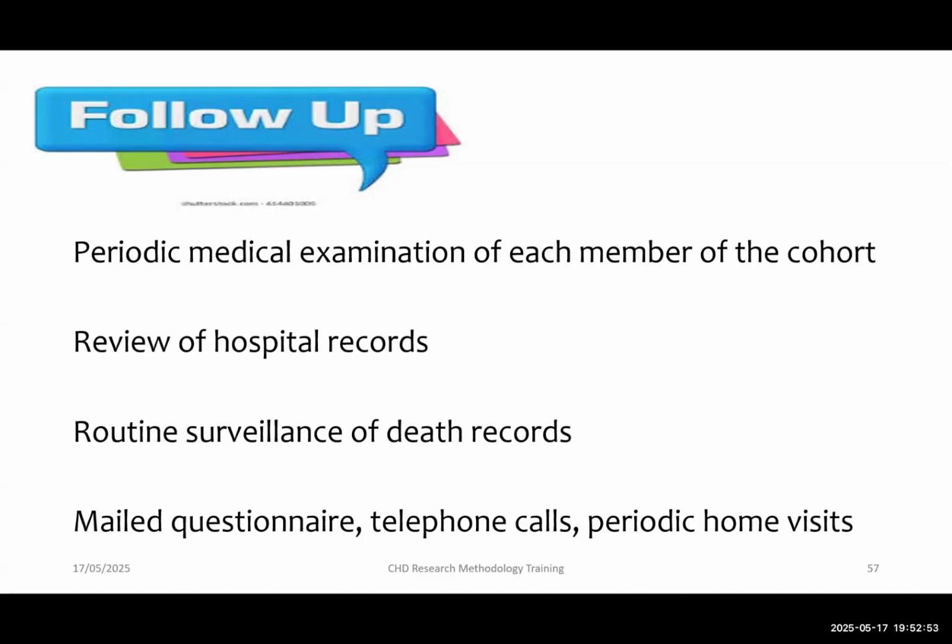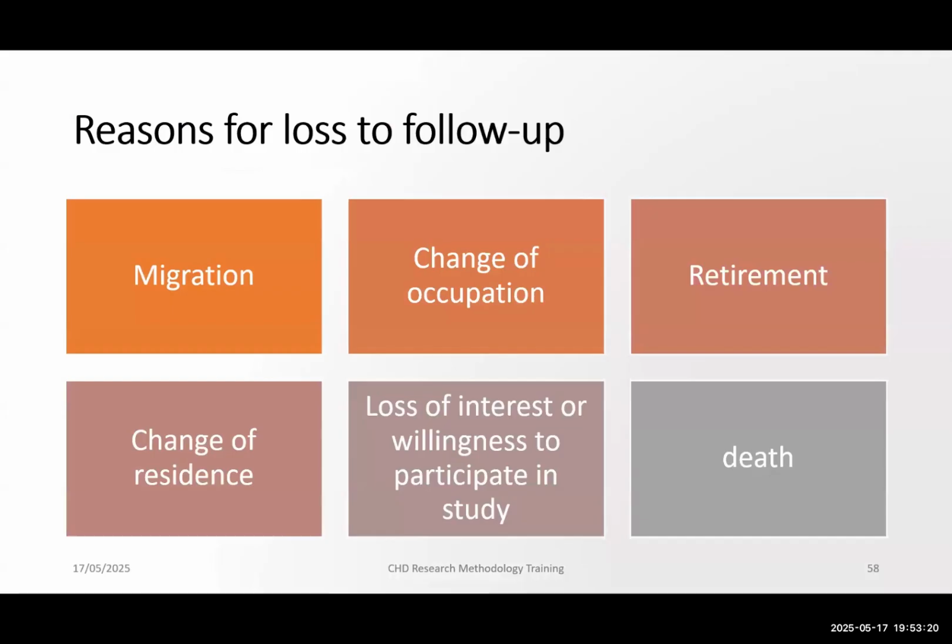After another 1 year, you keep reviewing the record to check, and then you'll be able to determine at what point each person developed the disease or outcome of interest. So you can review hospital records. You can use surveillance of death records. You can also ask questions or do interviews. You can mail questionnaires, you can use telephone calls, you can actually visit people in their homes.